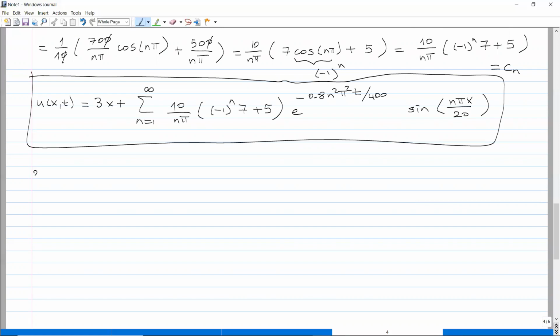Now, for the second case, insulated ends, it means no heat flow through the ends.